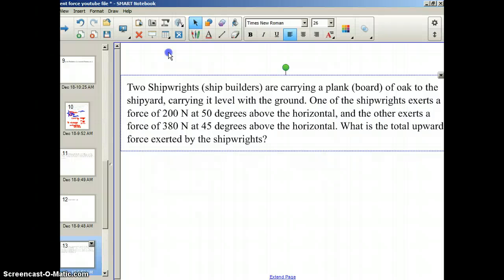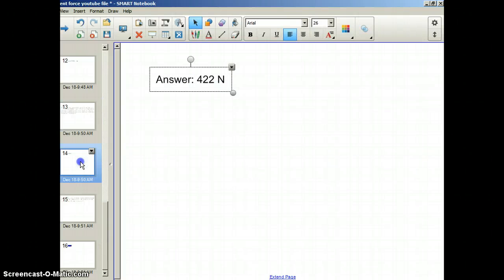What is the total upward force exerted by the shipwrights? Pause the video, and after you've worked your problem out, press play to check your answers. The answer is a total force of 422 newtons.